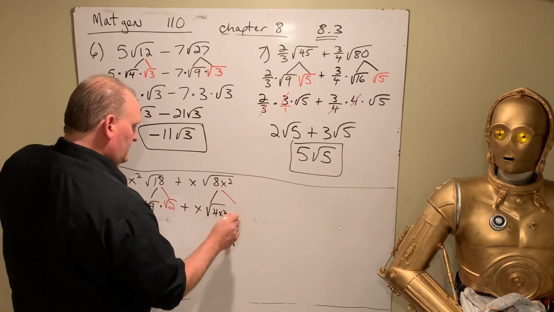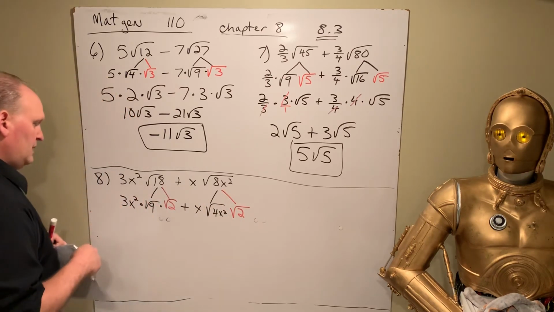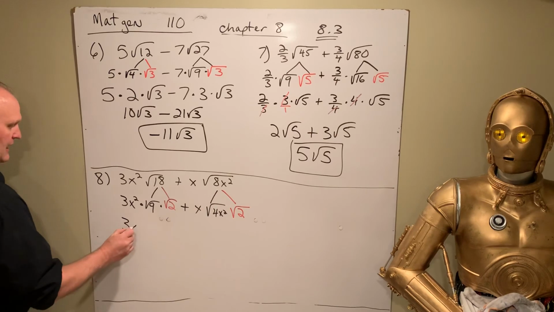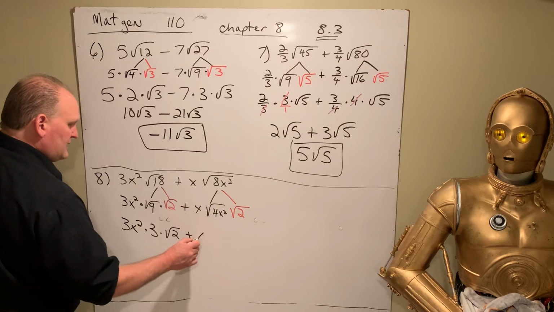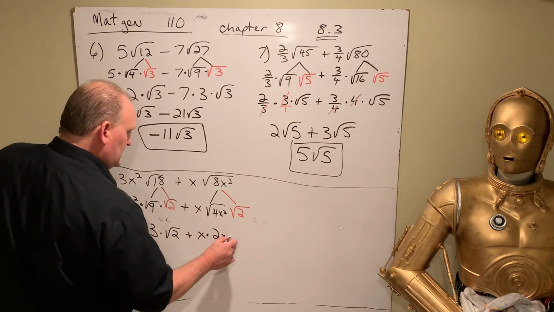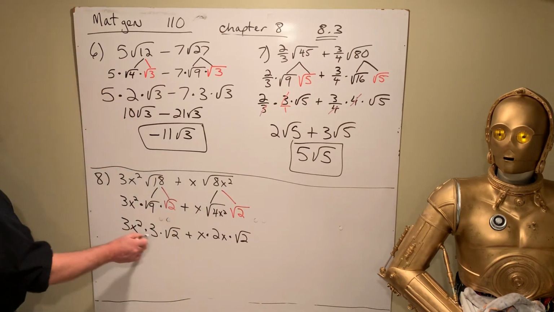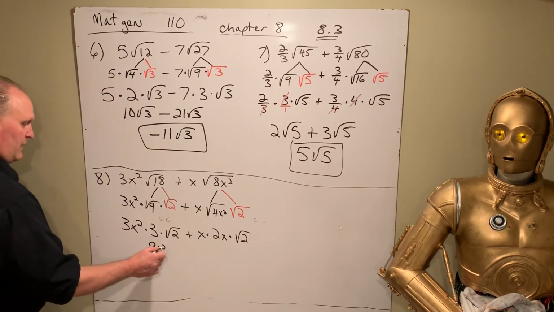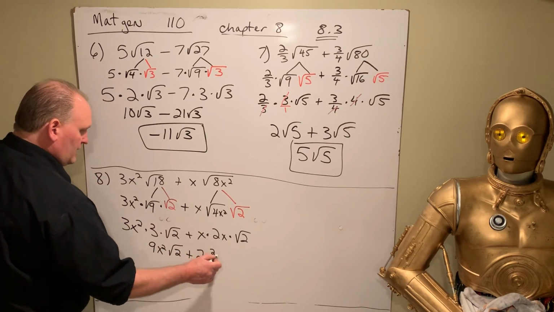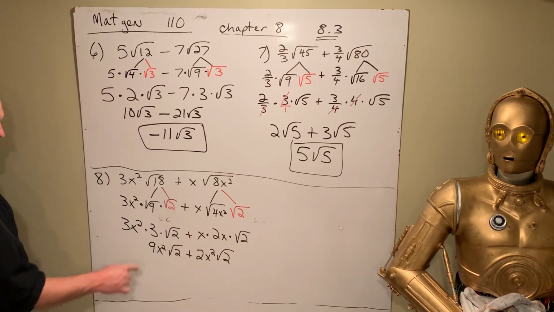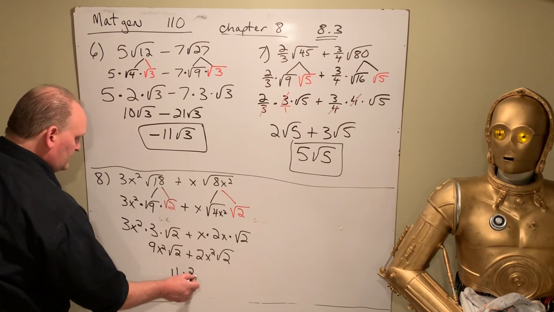The leftover is just 2. So check it out. We get 3x squared times 3 times the square root of 2 plus x times 2x times the square root of 2. So 3x squared times 3 is 9x squared square roots of 2 plus 2x squared square roots of 2. That is 9 plus 2 is 11. X squared square roots of 2.